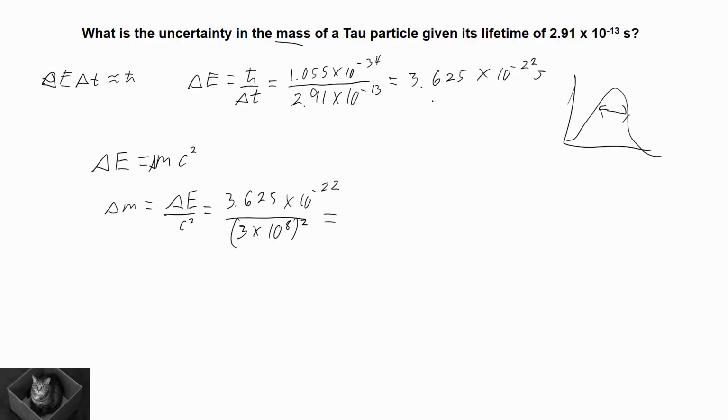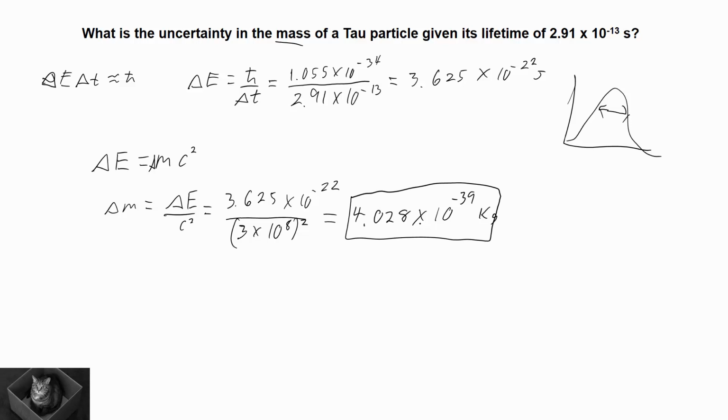And since these are all SI units, this is joules, this is meters per second, we know that our units will come out to be kilograms, because those are SI units of mass. So 4.028, I guess I should have rounded a bit, but this will work, times 10 to the negative 39th kilograms, which is quite small.